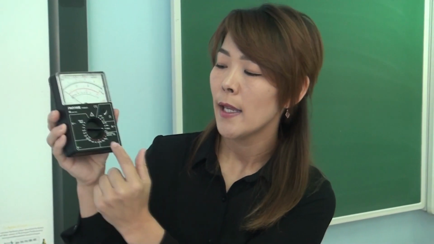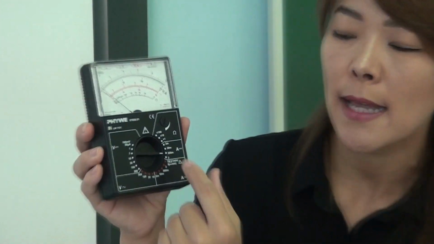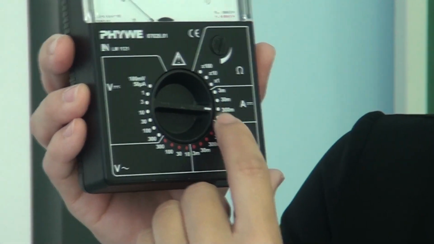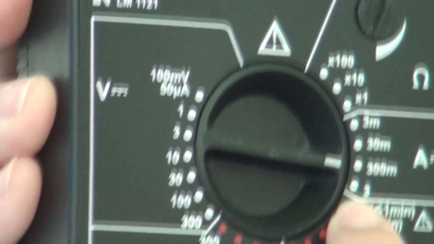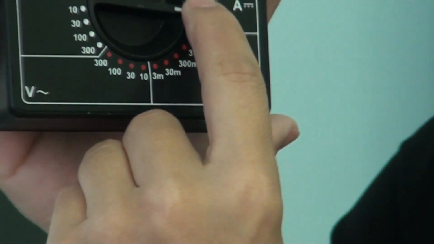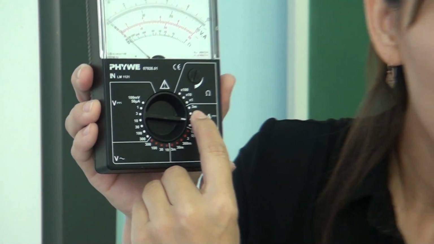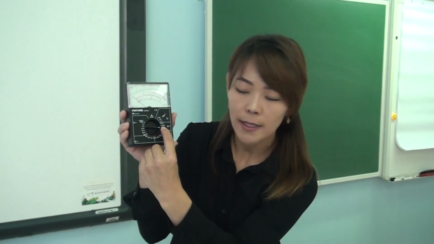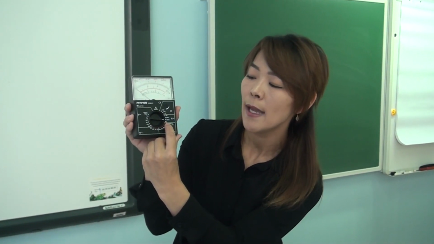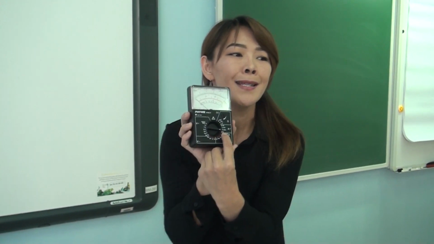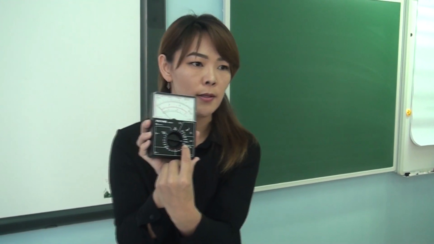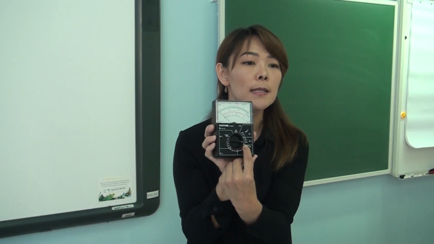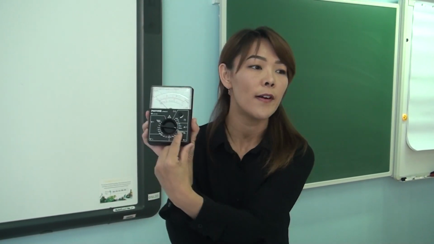In this scale, you can see 4 numbers. Did you see? Yes. Okay. First, 3 milli, then 30 milli, 300 milli, and 3. What do these 4 values mean?